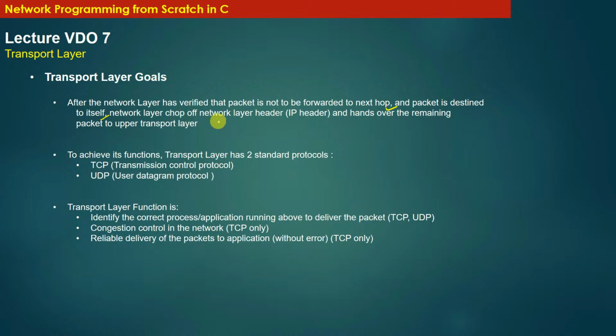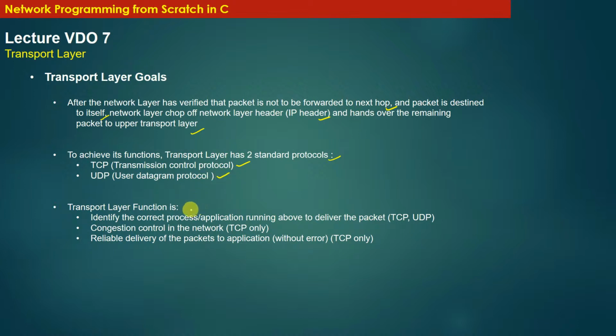The network layer chops off the network layer header, which is actually the IP header in the IP protocol, and hands over the remaining packet to the upper layer, which is the transport layer of the TCP/IP stack. Now, the transport layer has two standard protocols which are widely used and widely deployed across the globe. These two protocols are the TCP protocol and the UDP protocol.